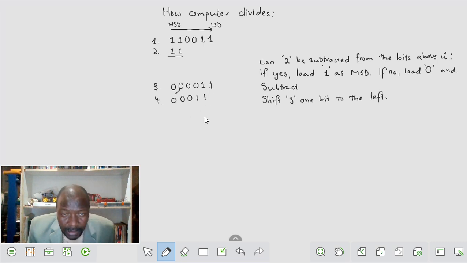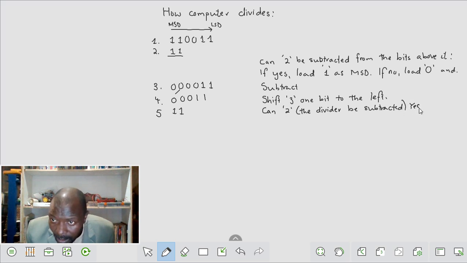Okay, now number 5, we ask, can the divider, 2, which is the divider, be subtracted?